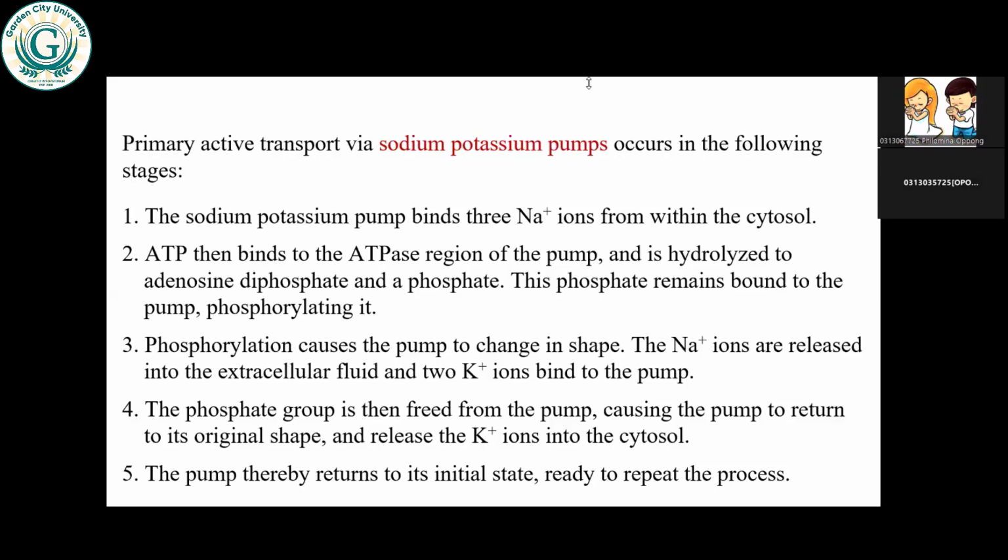Yeah, we are presenting on calcium, how calcium is moved out of the cells, the calcium ATPase.